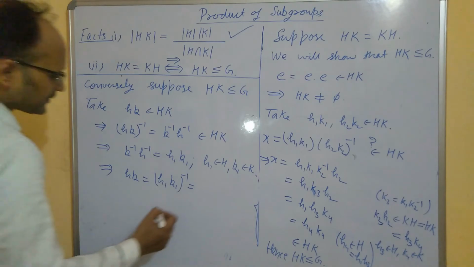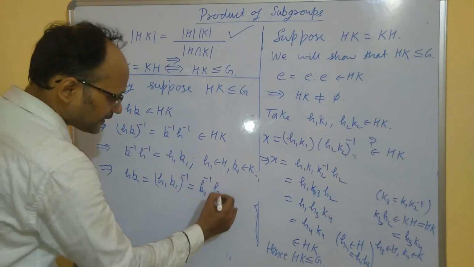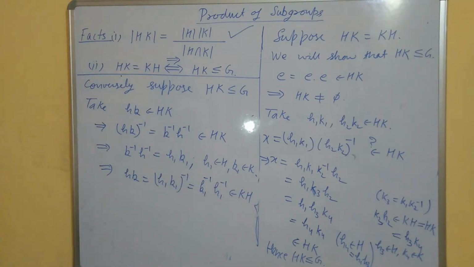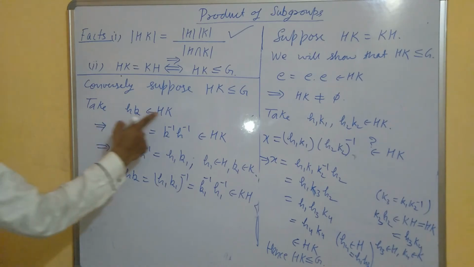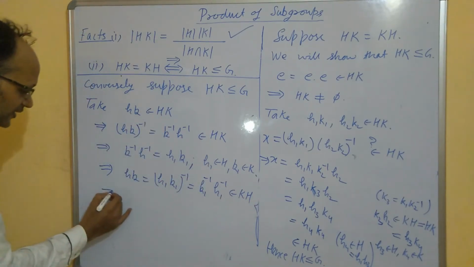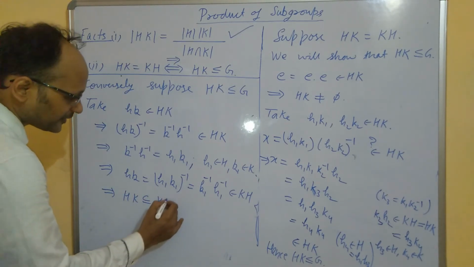So this implies K1 inverse H1 inverse, but this belongs to KH. So this HK which was in HK also belongs to KH. So this implies HK is contained in KH.